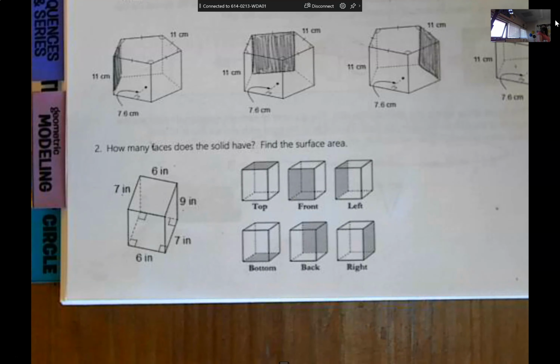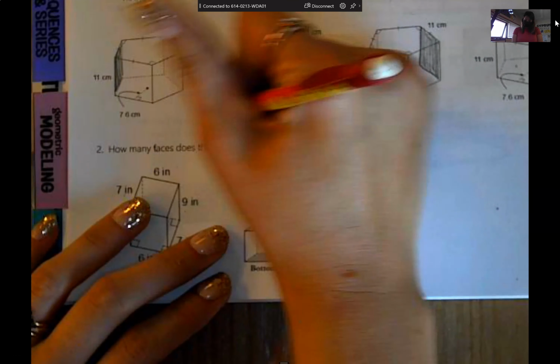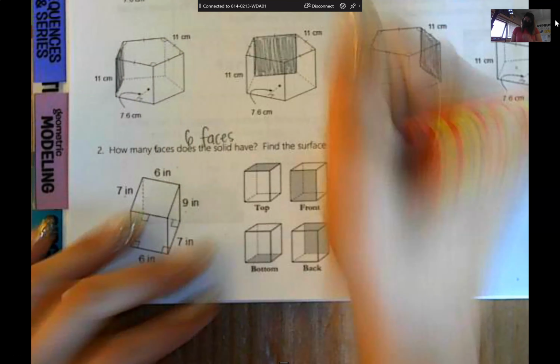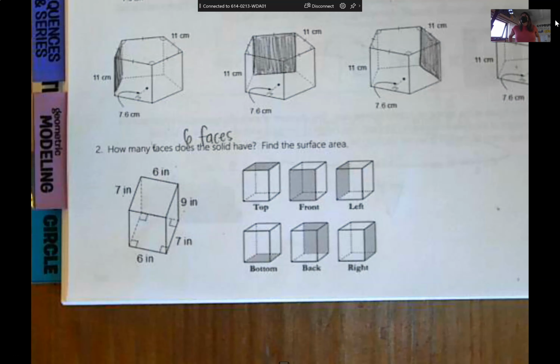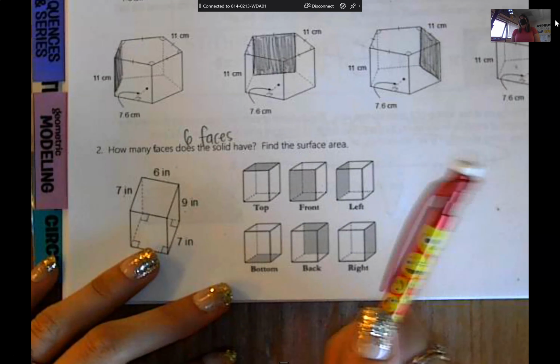So how many faces does this guy have? 6 total faces. It says, how many faces does the solid have? 6. If we want to find the surface area, then we would find the area of the faces and add them together.